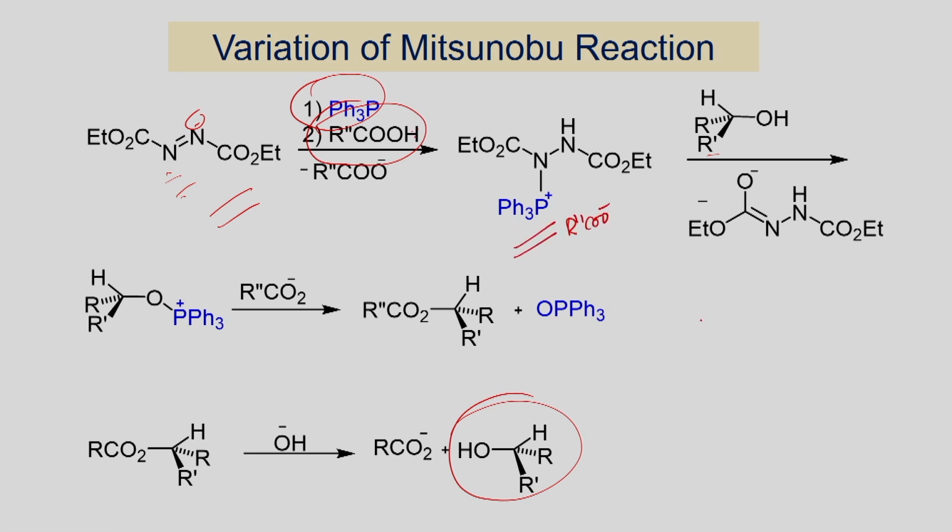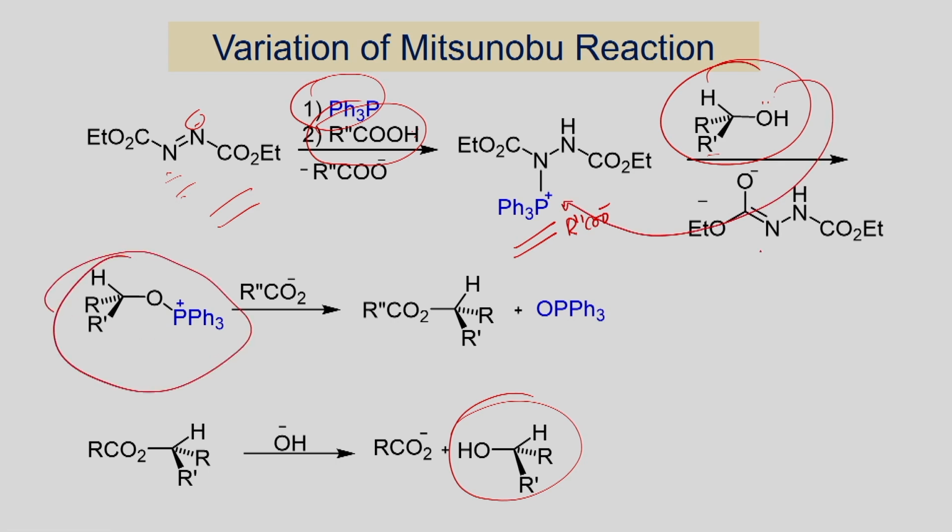Once you form the salt, now you can react with the alcohol. So, for example, you have the optically active alcohol, and we can react as we have seen here, which can now undergo addition reaction here, and you will be able to form this derivative, and you lose this one and you form this.